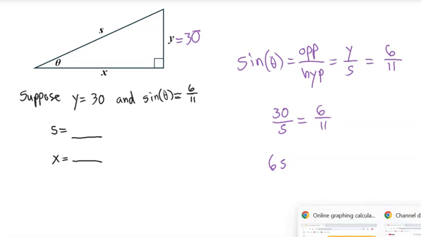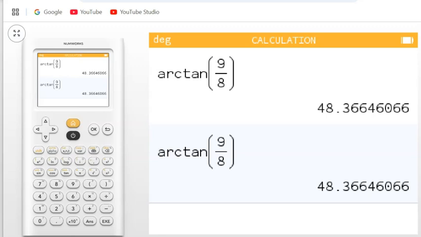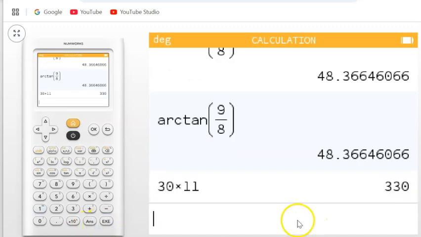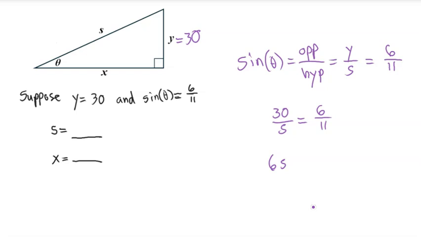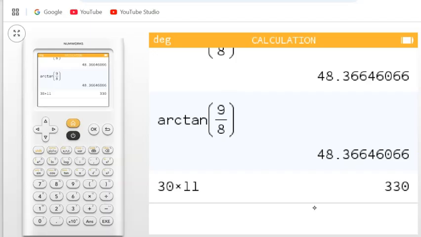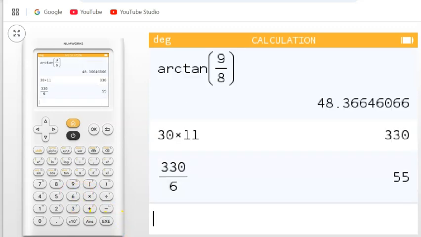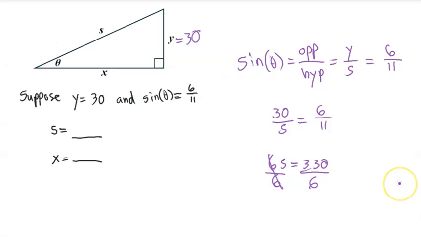To do that, we'll go to our calculator: 30 times 11 equals 330. So 6s is equal to 330. To solve, we divide by 6 on both sides, canceling out the 6, and 330 divided by 6 gives us 55. So s is equal to 55.